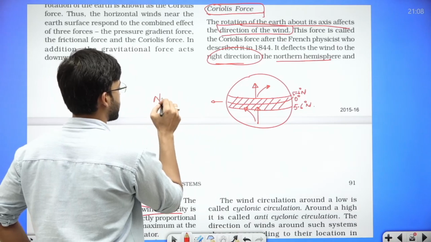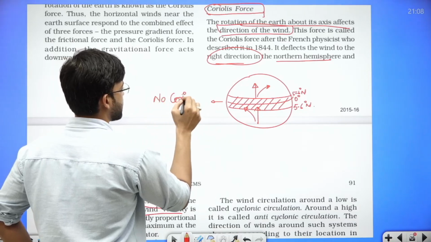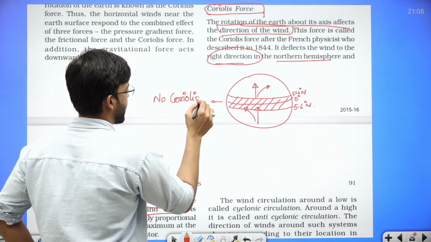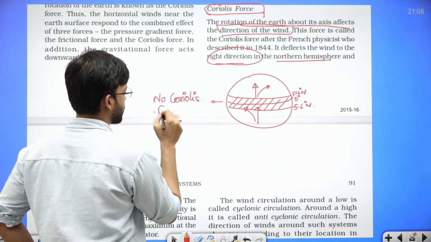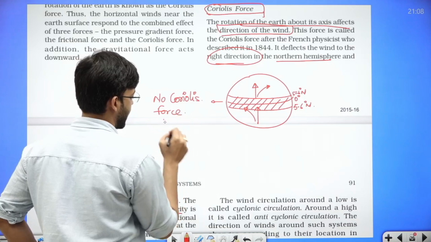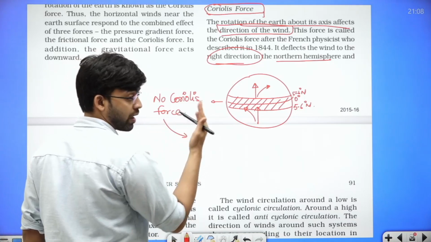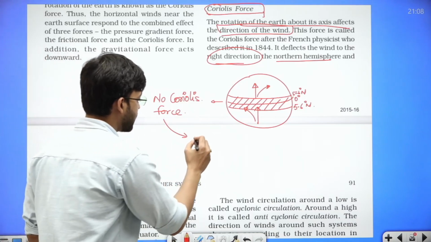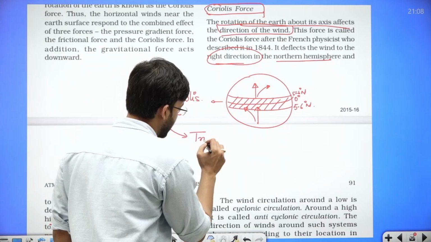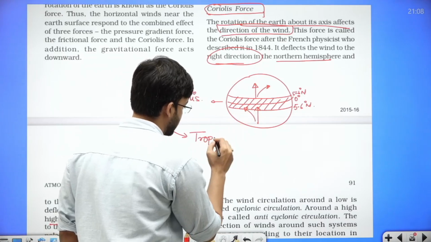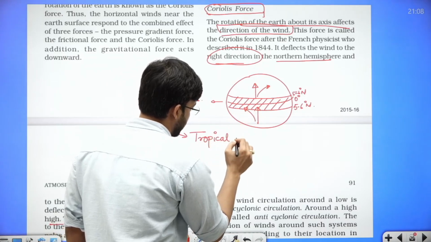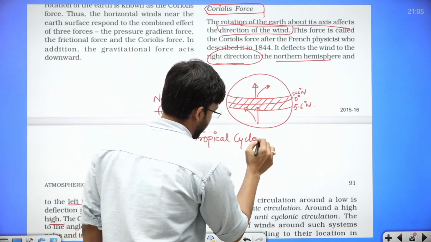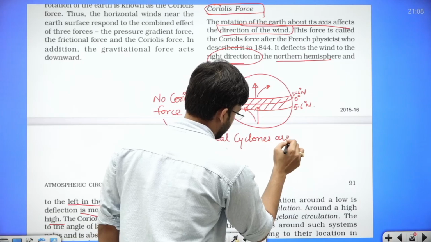Since the wind velocity is less, Coriolis force is negligible, and hence if we connect this to tropical cyclone or cyclogenesis, there is no tropical cyclone in the equatorial belt or doldrum region. Tropical cyclones are absent in this region.